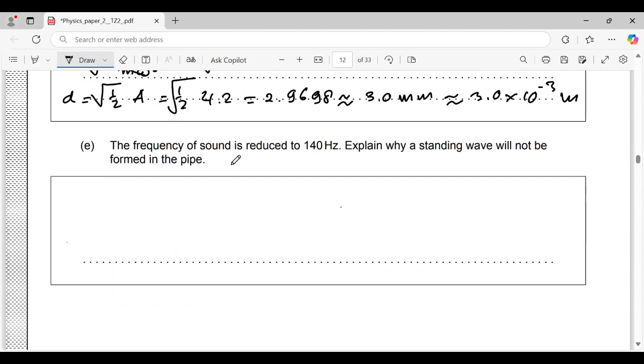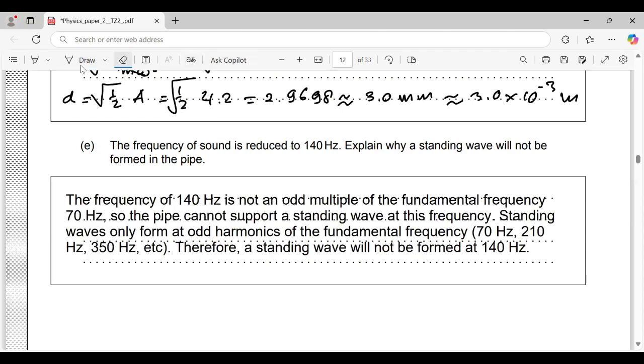The frequency of sound is reduced to 140 Hz. Explain why a standing wave will not be formed in the pipe. I have provided my opinion about this. The frequency of 140 Hz is not an odd multiple of the fundamental frequency, 70 Hz.